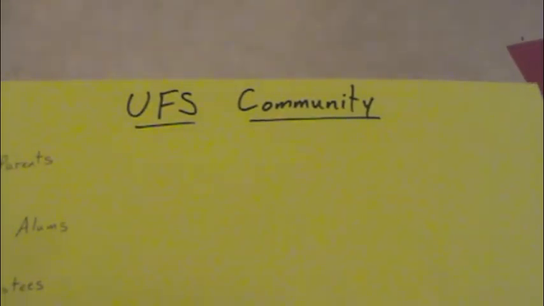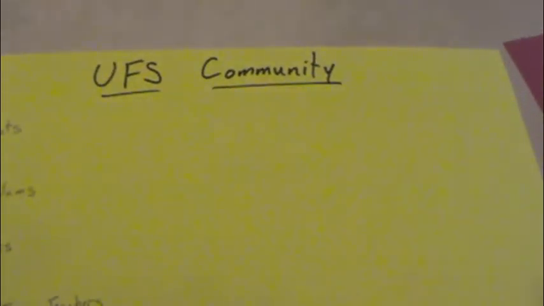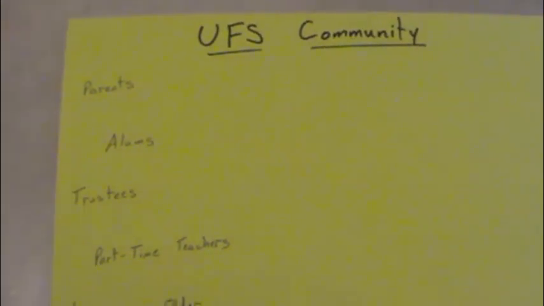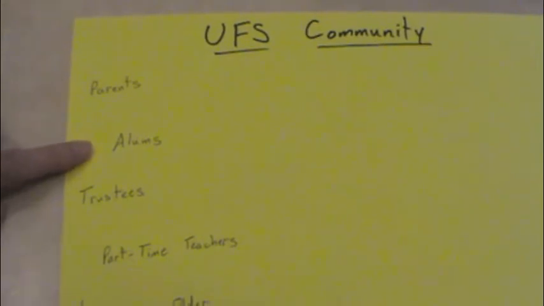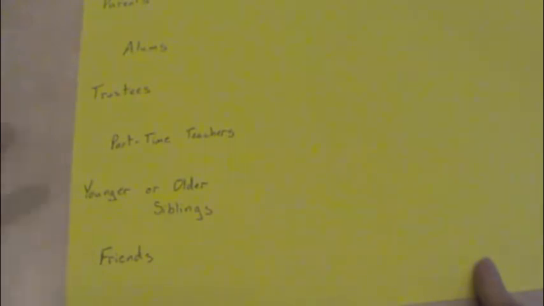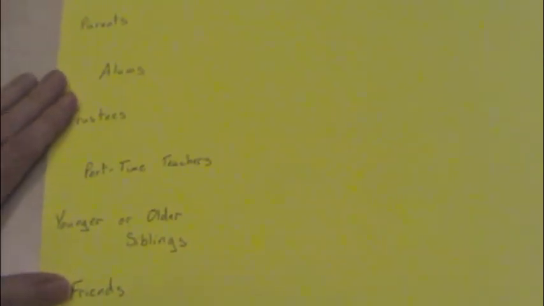The UFS community, and think about all of the people that are involved in that community. Some of them I have listed over here. Parents, alums, trustees, the part-time teachers, younger or older siblings, friends, all the people that are in any way connected with the community. Now, there are actually a few that I left off.